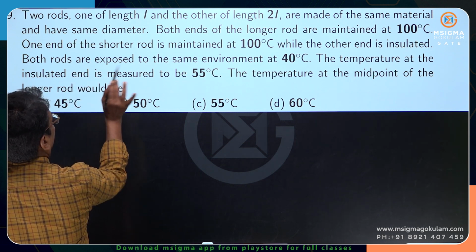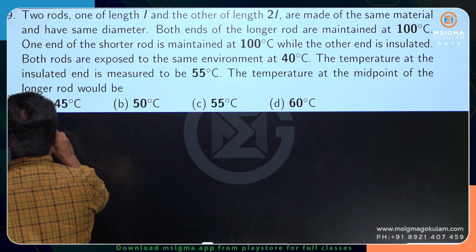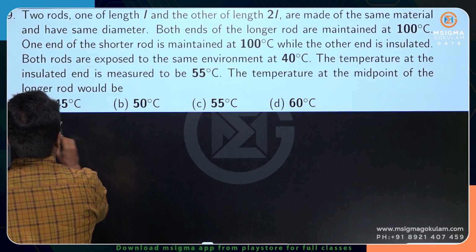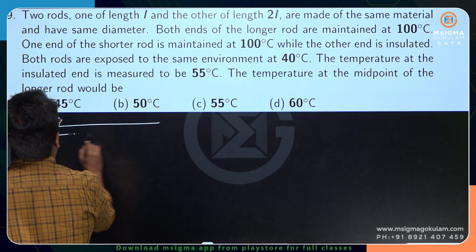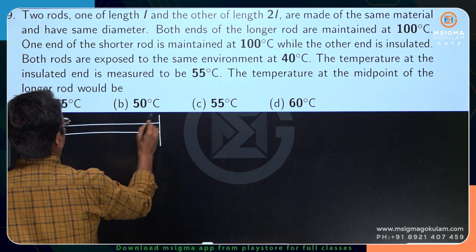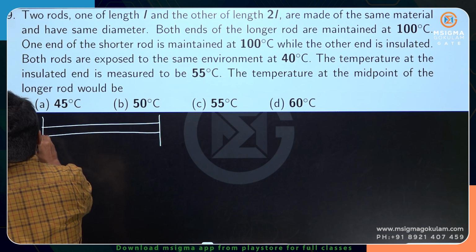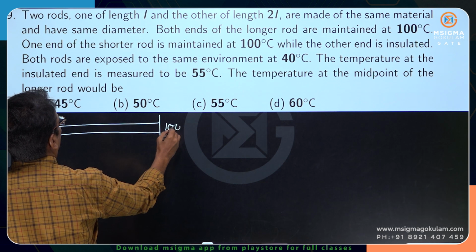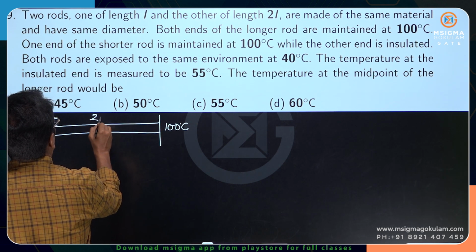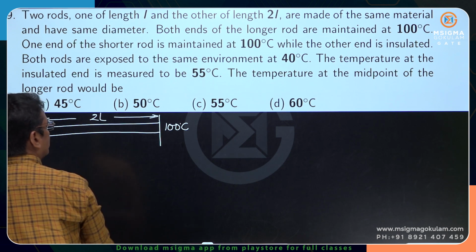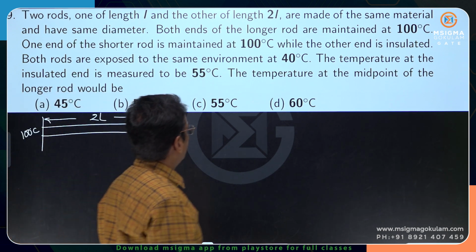First I draw it. This is 100 degrees Celsius, this is also 100 degrees Celsius, and the length is 2L. Ambient is around 40.